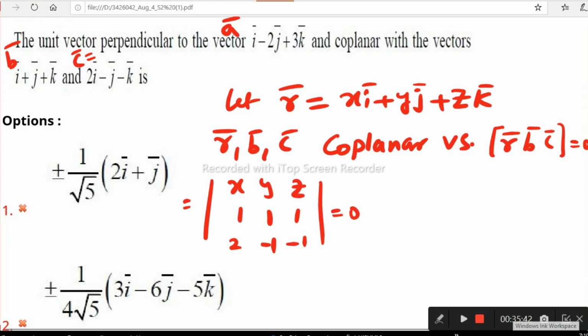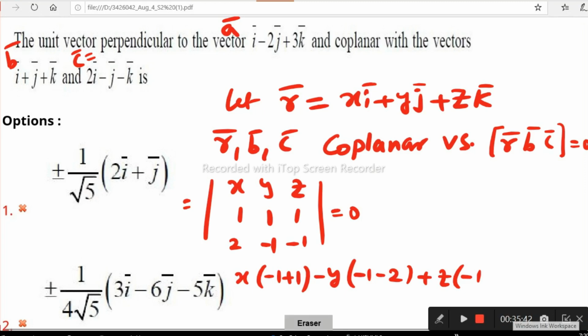By taking its expansion: x into (1 into minus 1, minus 1 into 1, which is minus 1 minus 1), minus y of (1 into minus 1 minus 2 into 1, which is minus 1 minus 2), with minus sign, plus z into (minus 1 minus 2).